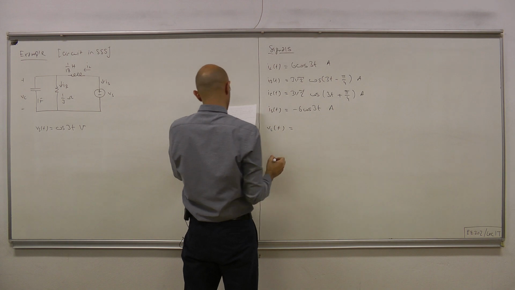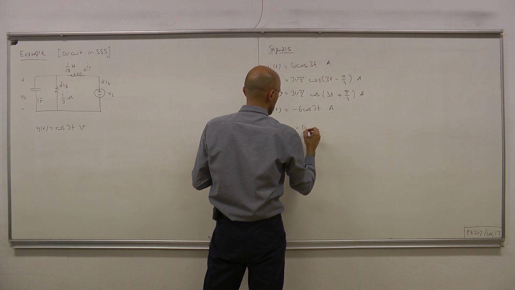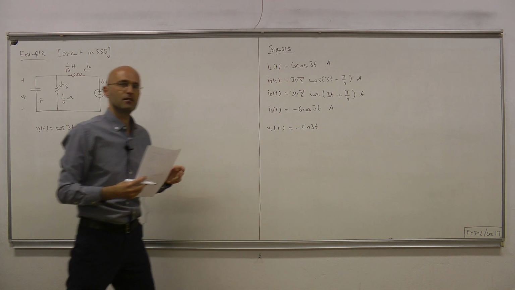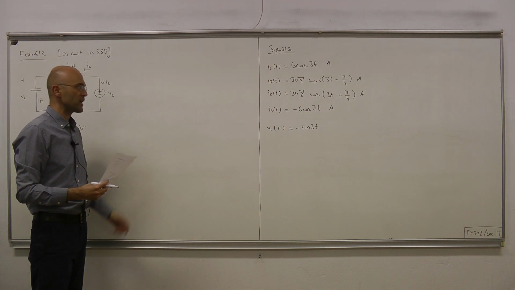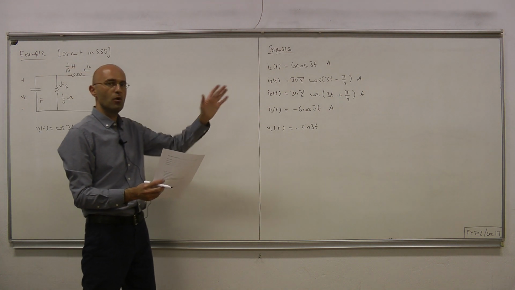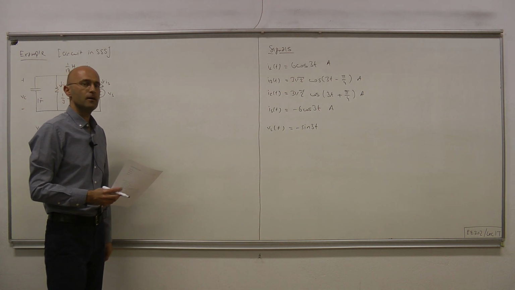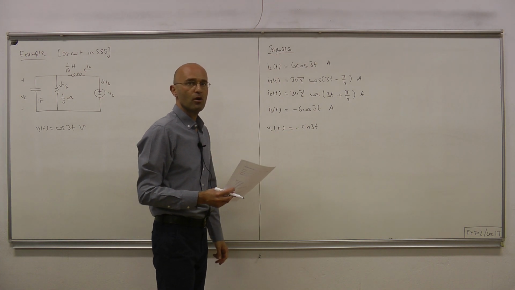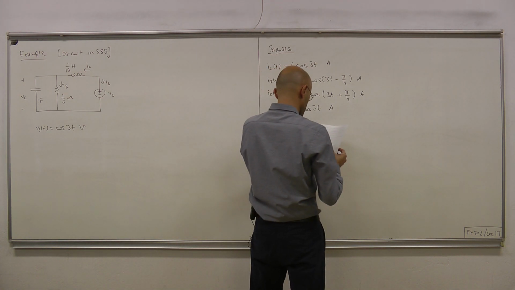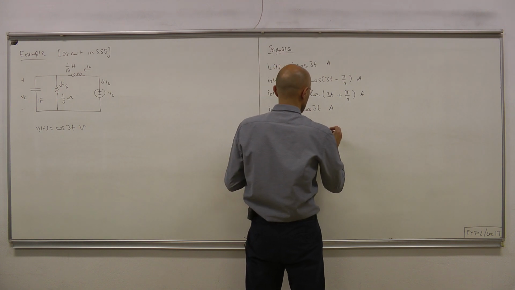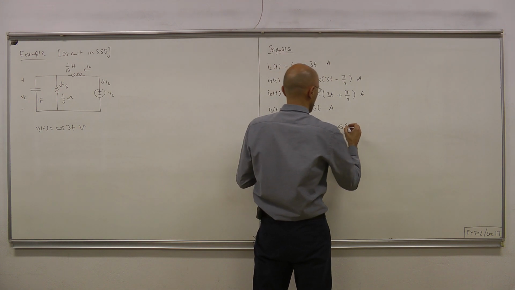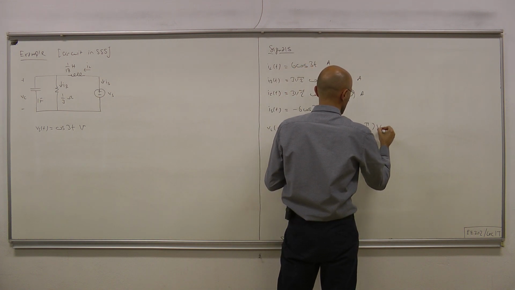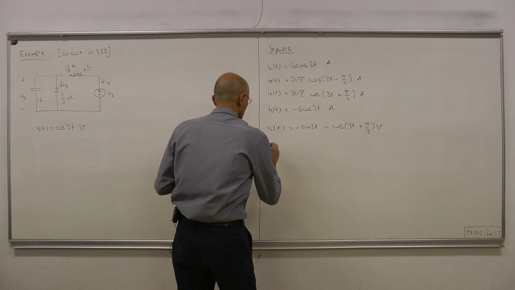VL of t is minus sine 3t. By convention, in order to go to the phasor domain, we express everything in terms of cosine. So we can write this as cosine of 3t plus pi over 2 volts.